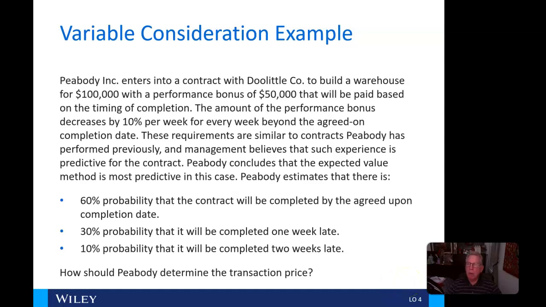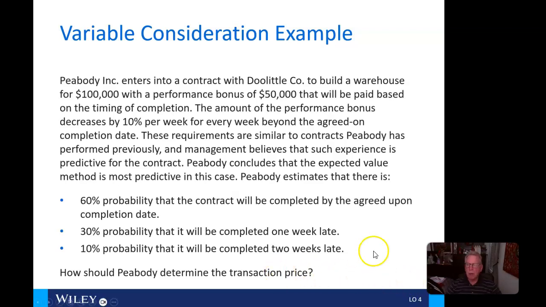The amount of performance bonus decreases by 10% per week for every week beyond the agreed upon completion date. These requirements are similar to contracts Peabody has performed previously, and management believes that such experience is predictive for the contract. So, Peabody concludes that the expected value method is the most predictive in this case.